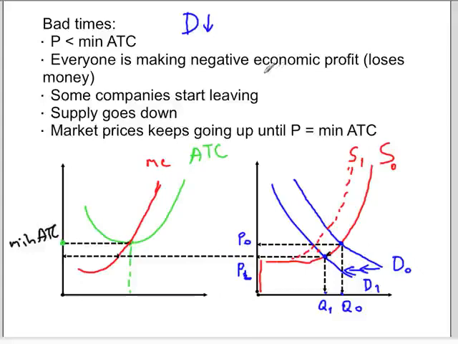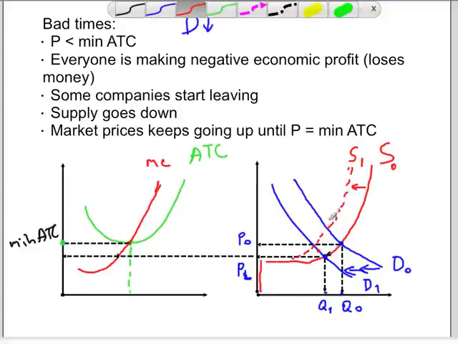But then what's going to happen in the long run? Well, some companies will start leaving the industry, because negative economic profit means that in the long run, companies don't want to be there. They will start exiting. What will happen? Well, supply in the industry will decrease. So this is what we see here.